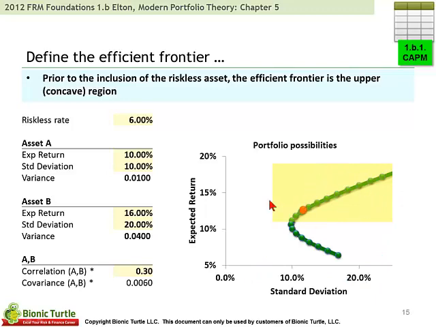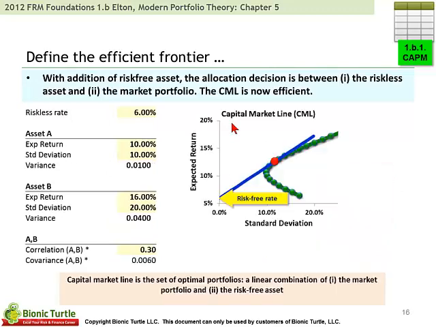So here we've got an efficient frontier, and then we introduce the risk-free rate right here at 6%. We can think of that as an anchor of this blue line that becomes a point of tangency here at that most efficient, highest Sharpe ratio portfolio.